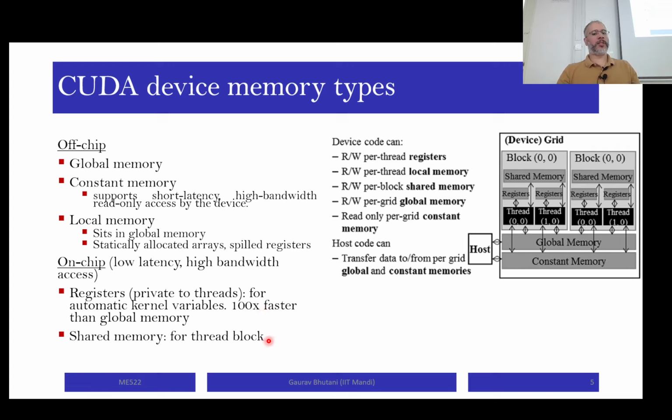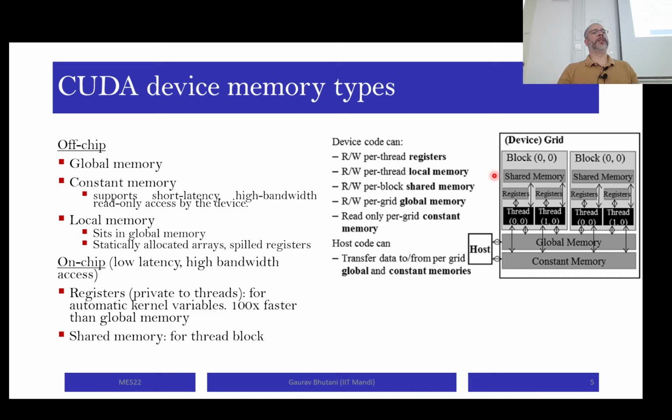And now is something which is the most interesting, called the shared memory, which is what you see here in the block. Shared memory is on chip, so it's much faster, but it's shared for a block. All the threads in a block share their own block shared memory.